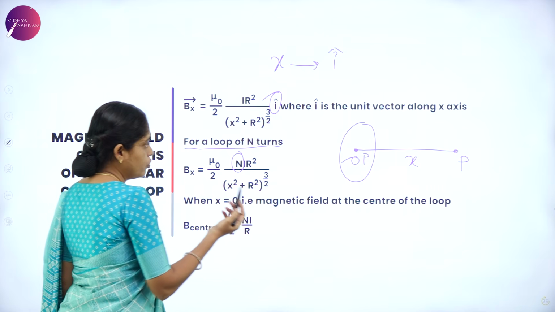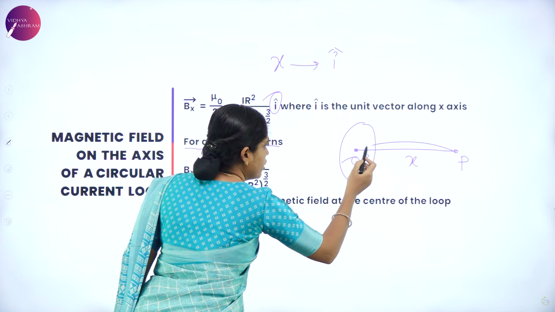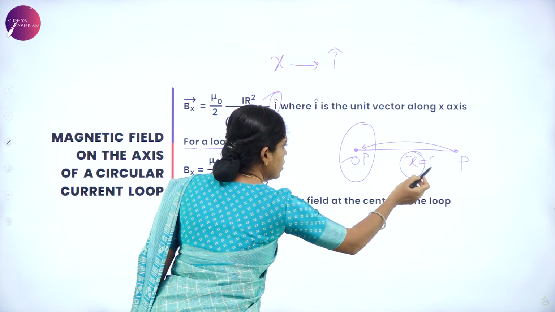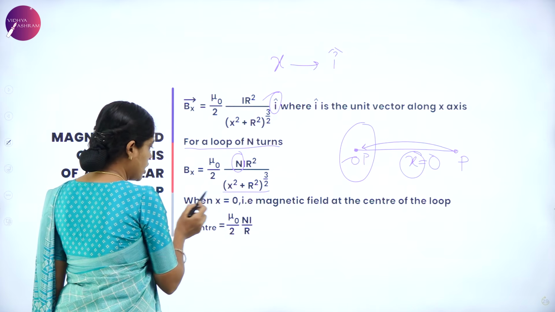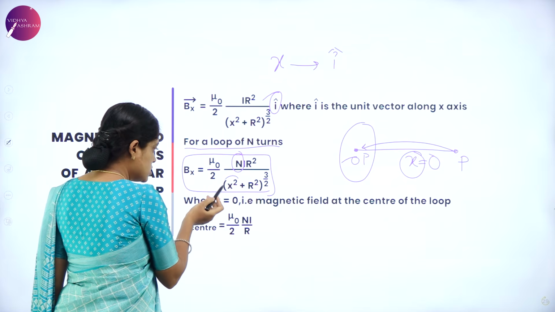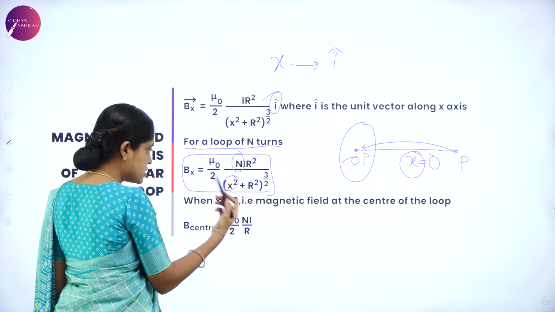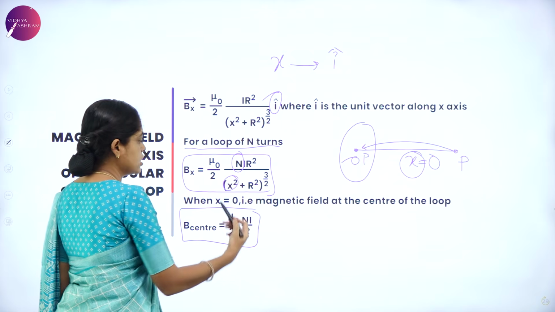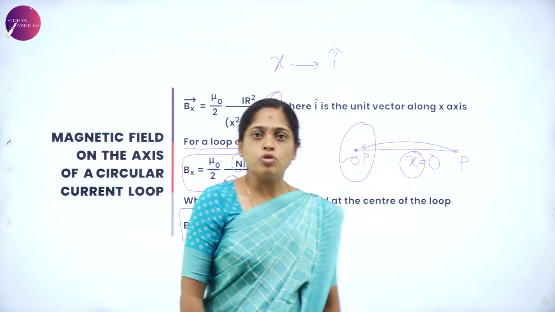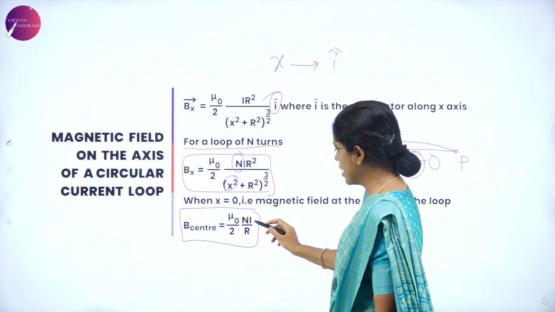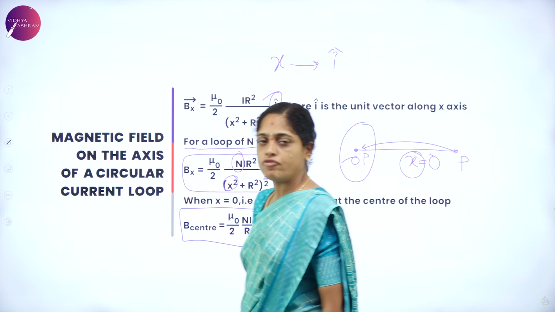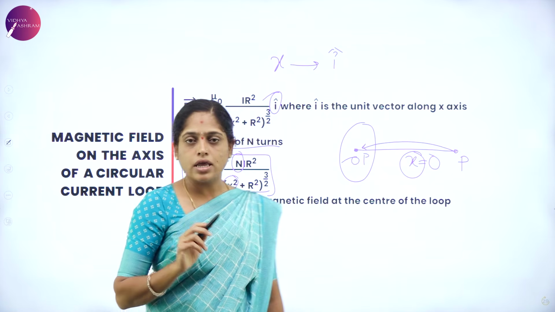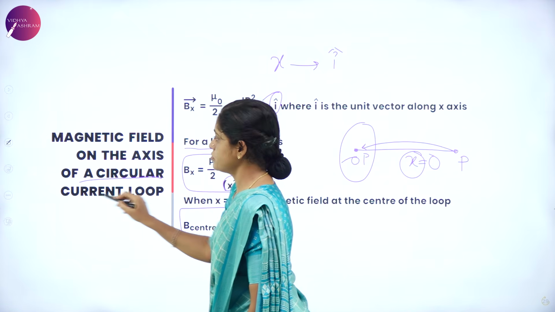When you consider the point P at the center, the x value becomes 0. So in this equation, put x as 0 and solve it. Then the magnetic field at the center is mu naught by 2, N I by R. This is the expression for the magnetic field at the center of the current carrying circular loop.